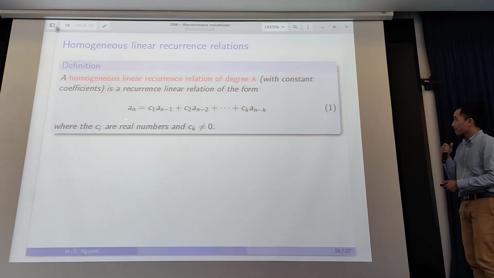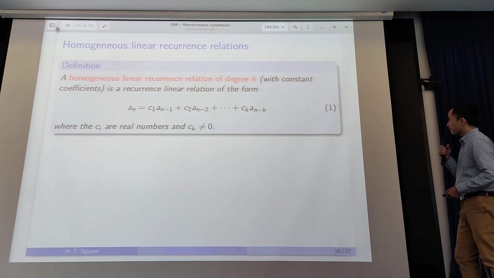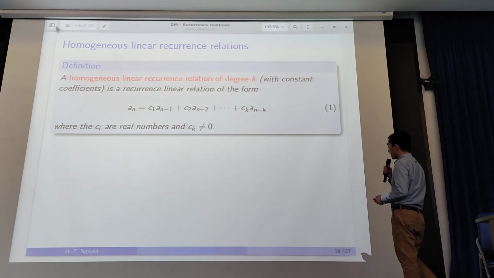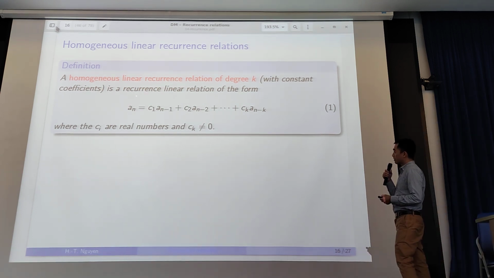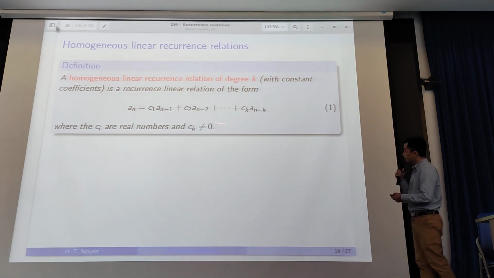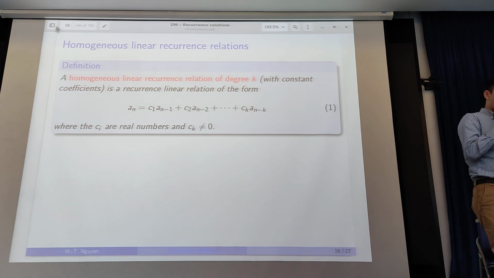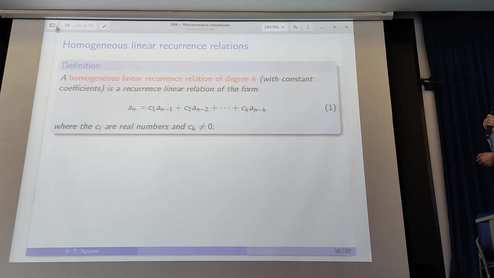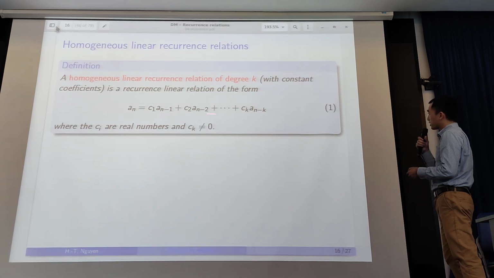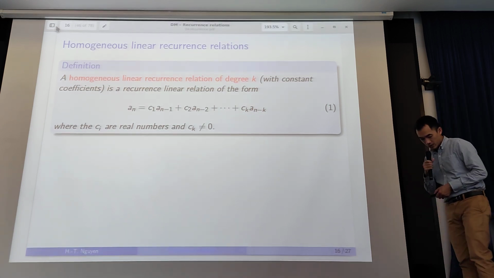So, as you have seen, we say that a sequence an satisfies a linear recurrence relation if the term an can be calculated as a linear combination of the previous terms here.